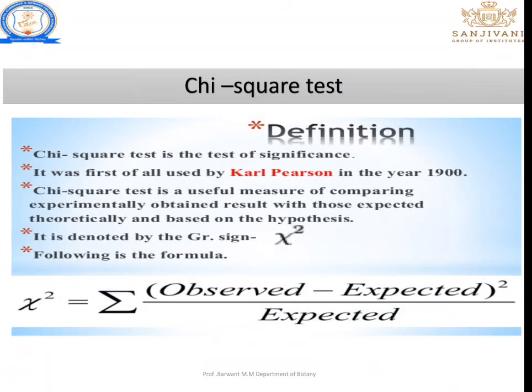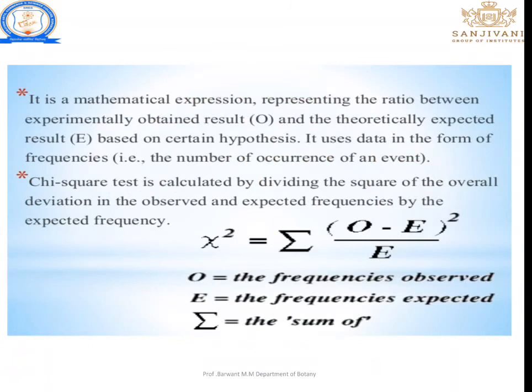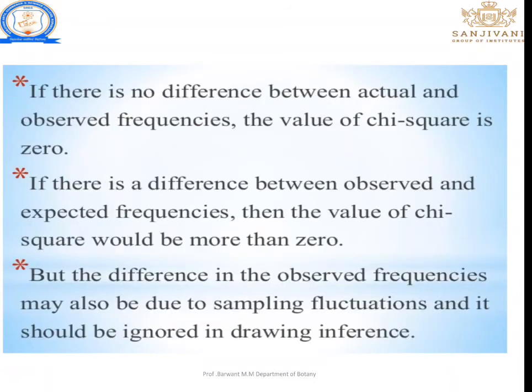Chi-square is nothing but the summation of observed value minus expected value, in brackets squared, divided by the expected value. There is also a total explanation of the hypothesis, how that works, the denotation of symbols: what is meant by O, what is meant by E, what is meant by summation, and what is meant by chi-square.